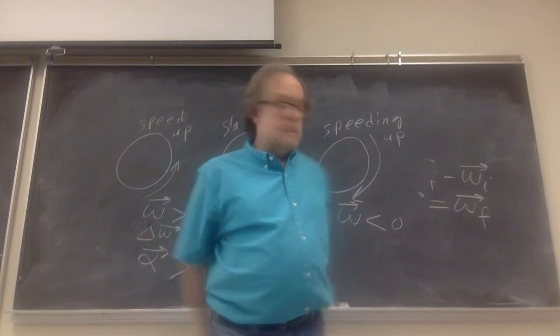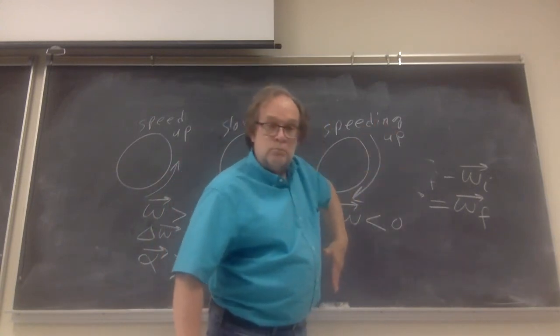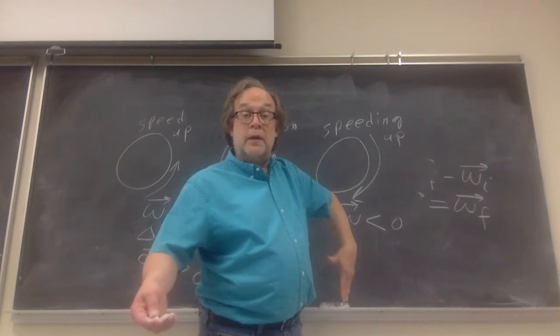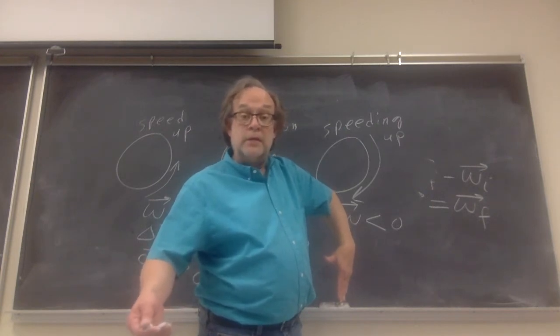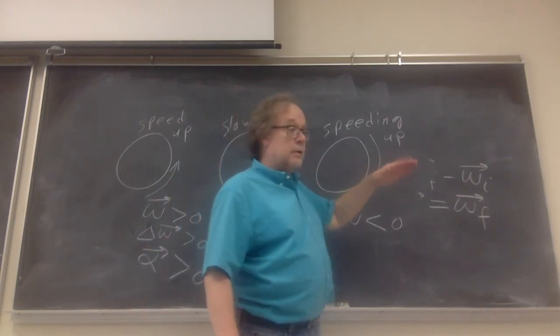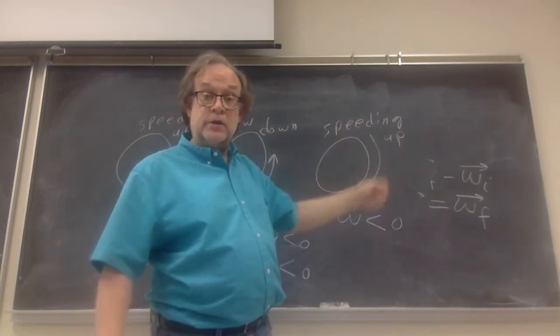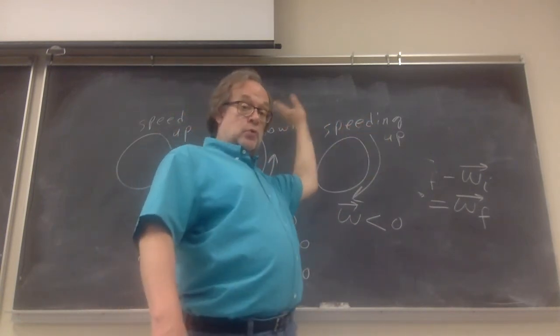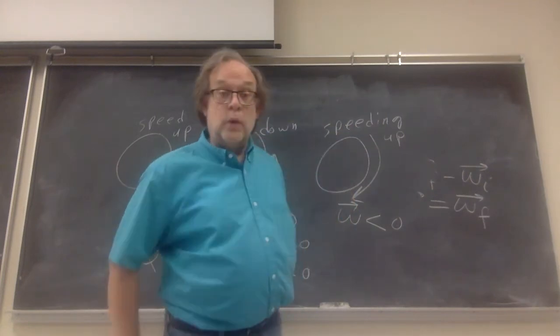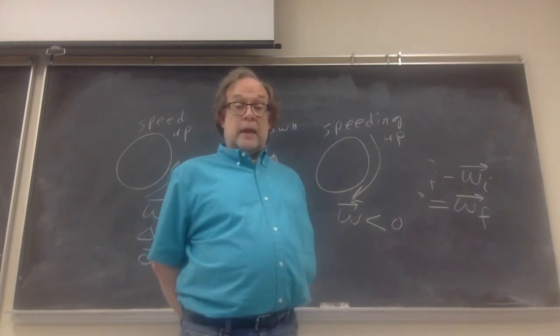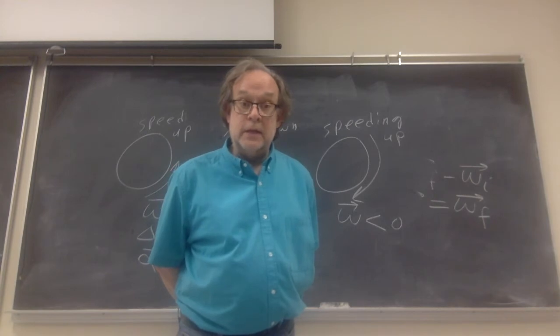That is, you sweep through 1 radian of angle while moving in the negative direction. And then later on, it becomes, say, negative 2 radians per second. You sweep through 2 radians of angle while moving in the negative sense.